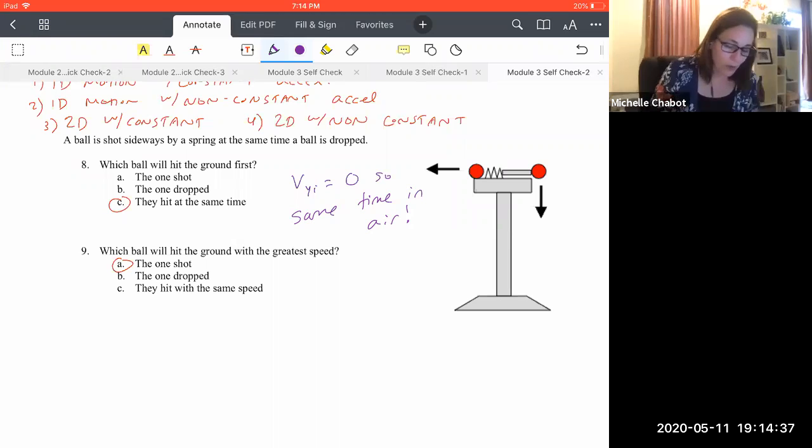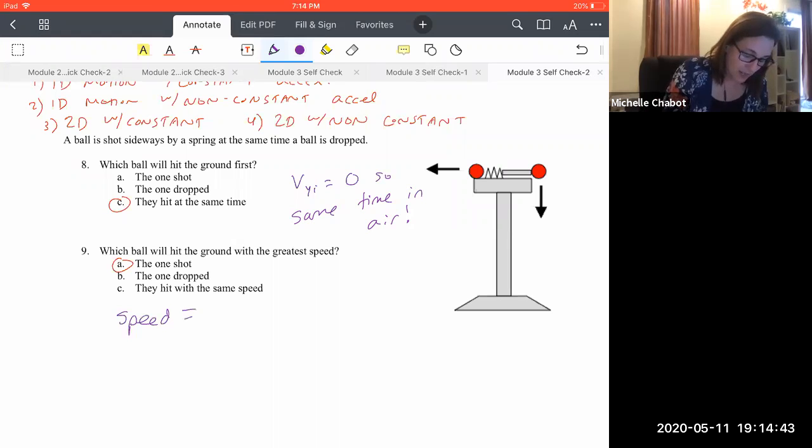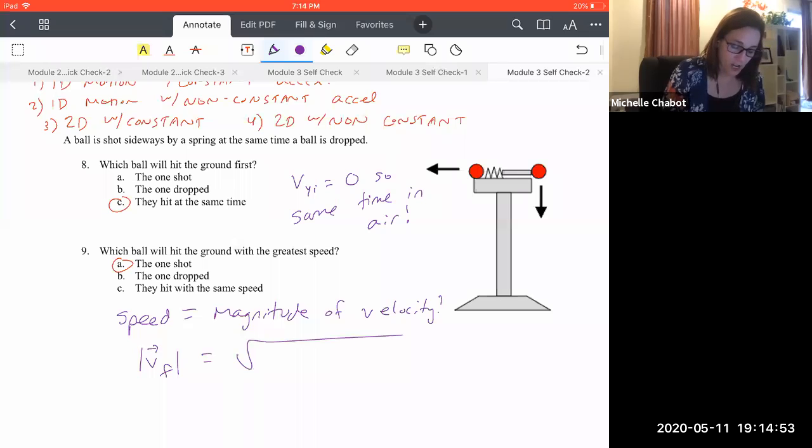Now, which one will hit the ground with a greater speed? This is where we have to be careful. Speed is the magnitude of the velocity. So that's the magnitude of the final velocity vector, which is the square root of v x squared plus v y final squared.